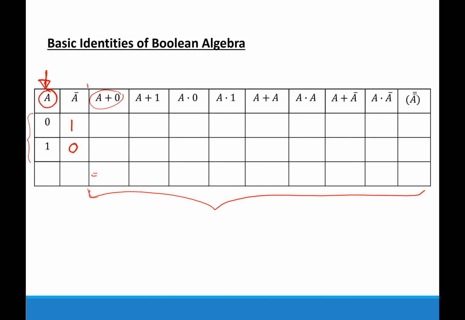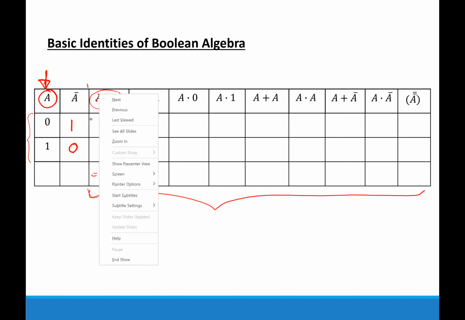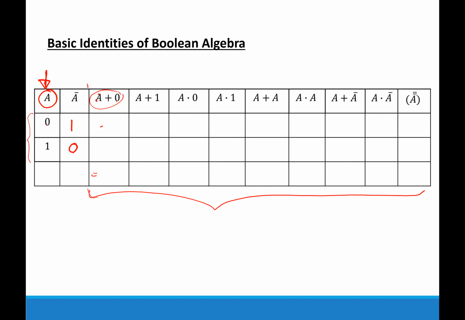What will happen when A is equal to 0 here? If we take this value, you can see A is equal to 0. We need to find 0 plus 0, so that's equal to 0.